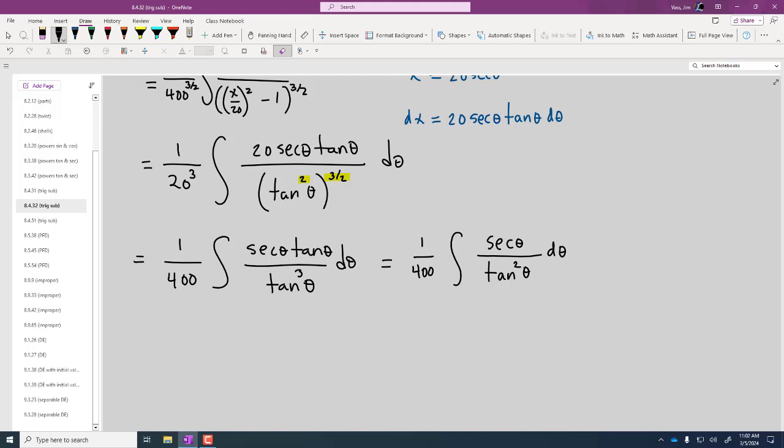Okay, so we have secants and tangents. And what we've seen is if we have secant to an even power or tangent to an odd power, there's something we can do. Well, that's neither. If it is neither, there are two choices: immediately go to the Pythagorean theorem, or convert everything to sines and cosines.